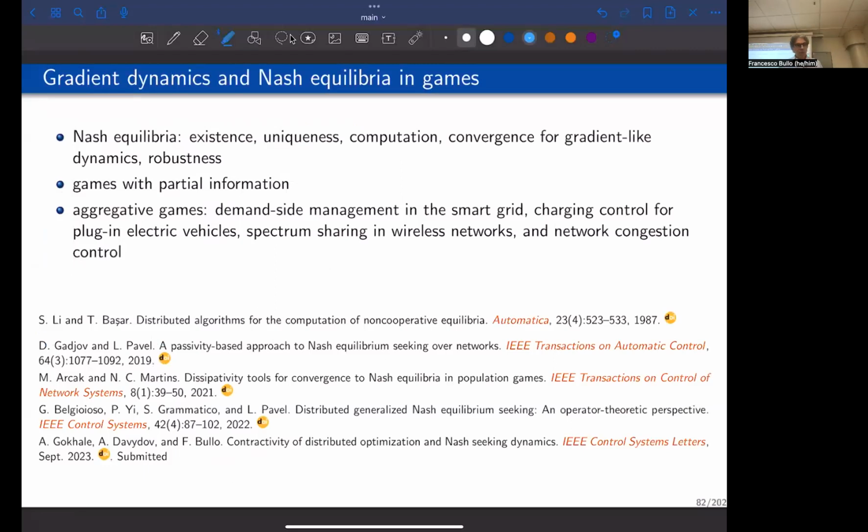So in modern engineering, of course, the importance of optimization is extremely high, but then also people are interested in games. People are interested in studying problems where there are 40 people and each one of us is pursuing our own private individual benefits, but then we are interacting.